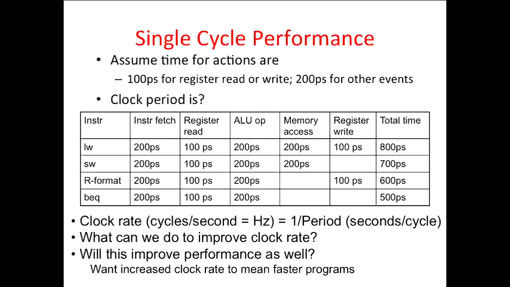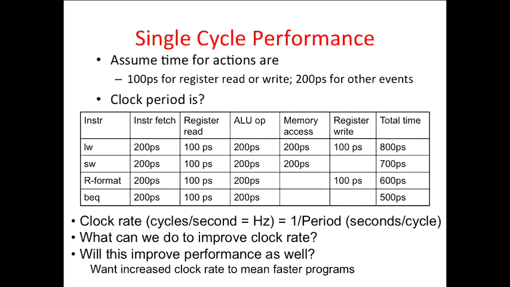Reading the registers, which they all do, takes about 100 picoseconds. ALU op, 200. Memory access, which only loads and stores do, takes 200. And register write back, which only the load and the ALU register format instructions take. So if you just add up for each instruction the worst case path through all the logic in one clock cycle, you get these total times.